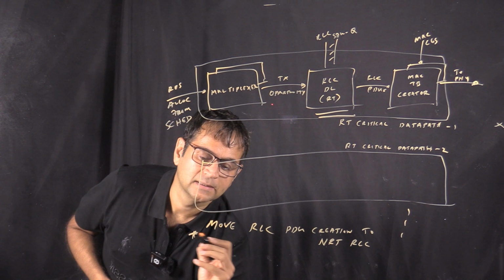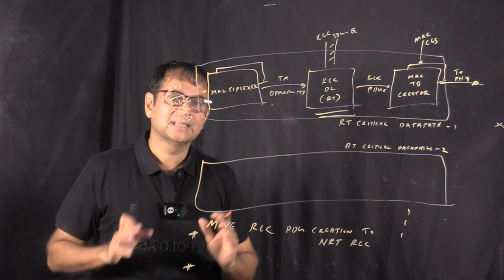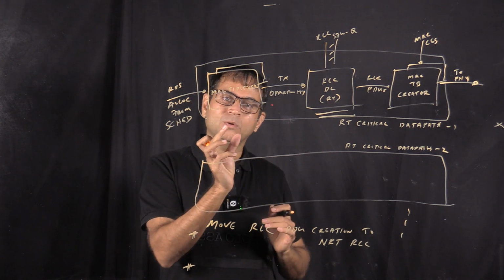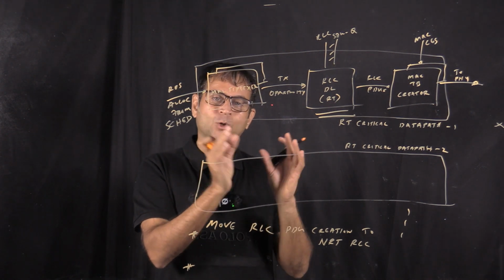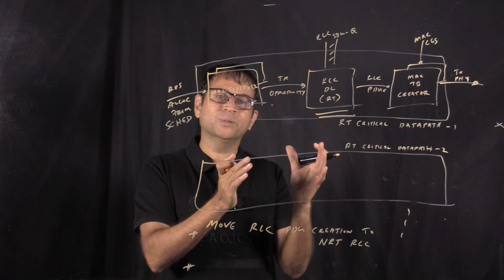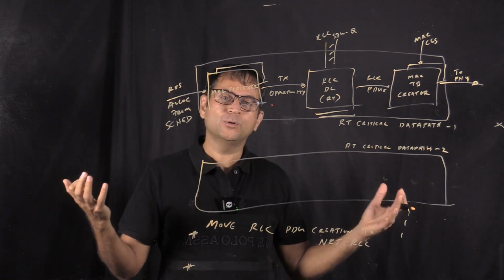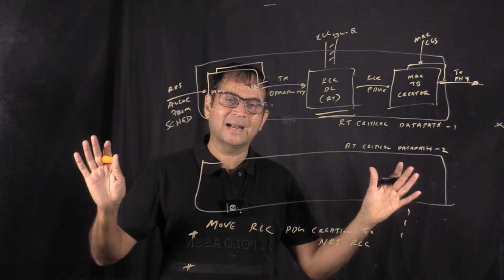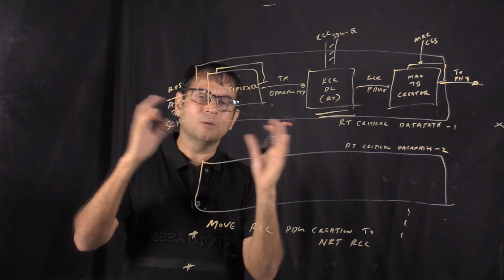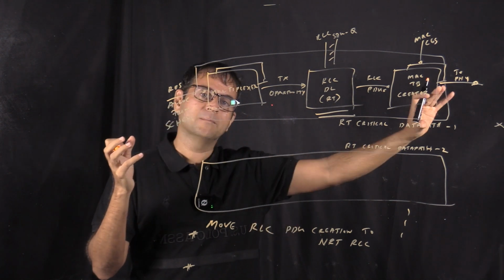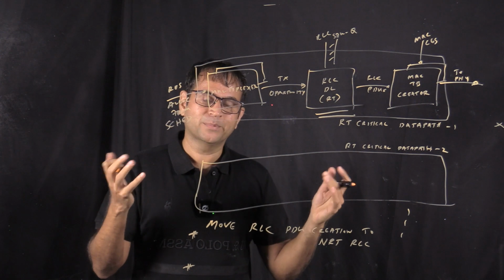This is one thing. Second thing is, since even in MAC, every MAC SDU has got a MAC subheader, together they are called a MAC sub PDU. So you can create MAC sub PDUs also in advance without waiting for a grant. There's no common MAC header that you have to create only when you have all the MAC SDUs ready, lined up, right?